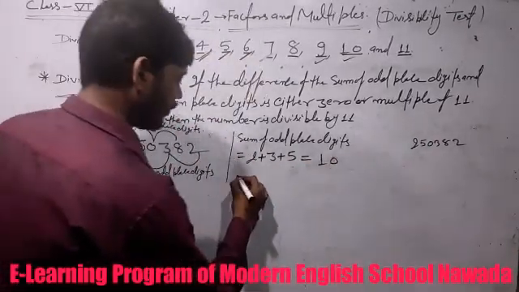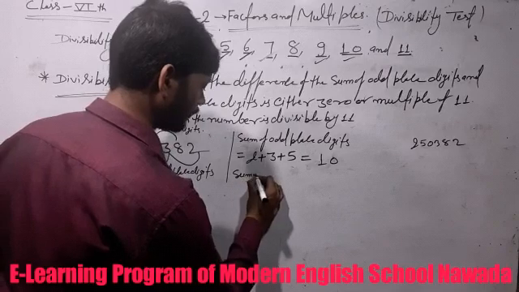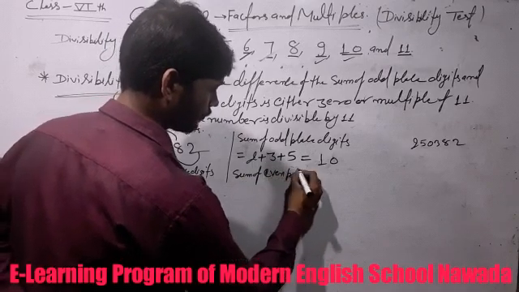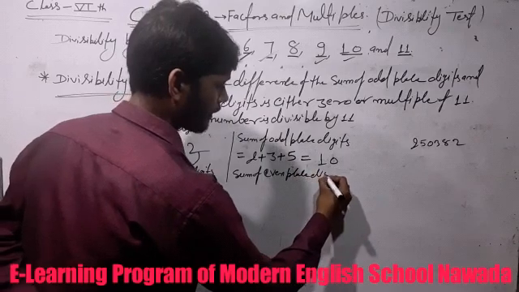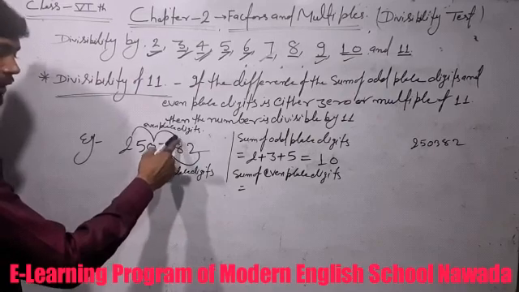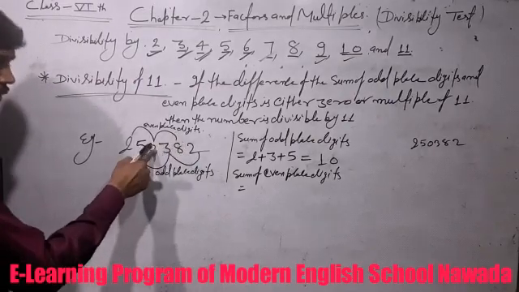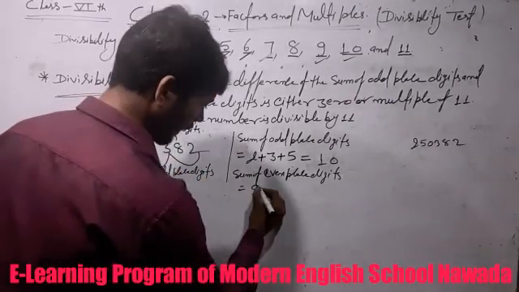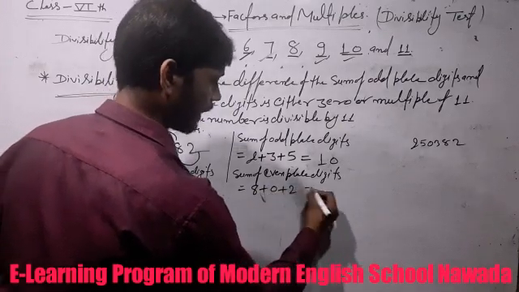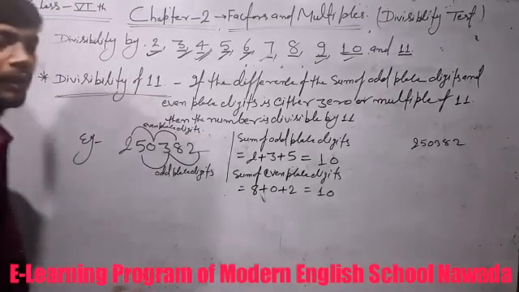Now sum of even place digits is equal to, even place digits 8, 0 and 2. 8 plus 0 plus 2 is equal to 10.